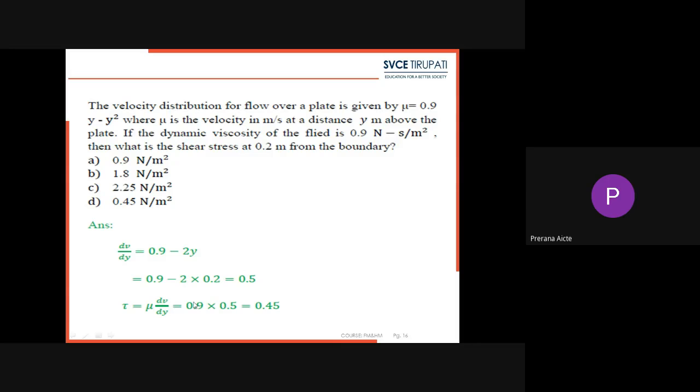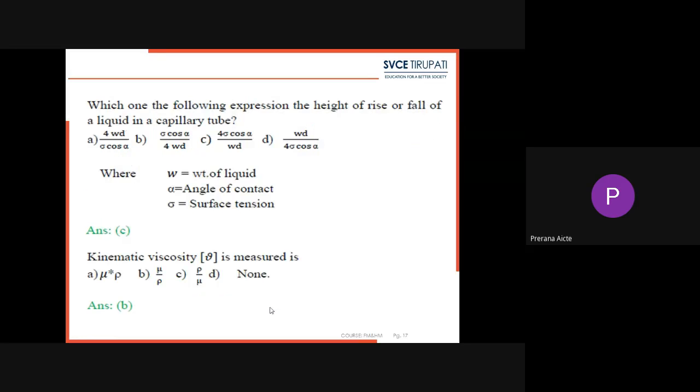So we can write it as 0.9 into 2 into the distance, which is 0.2 meters. Substituting that, we get du by dy as 0.5. And we know the viscosity. So tau equals mu into du by dy. Mu is 0.9 Newton second per meter square and du by dy is 0.5. Substituting that, we get the shear stress as 0.45 pascals.